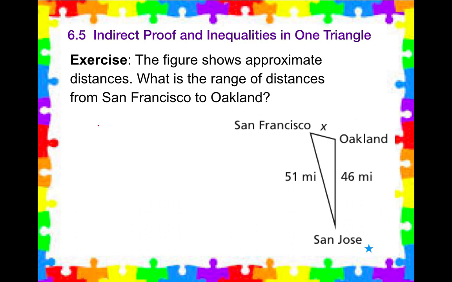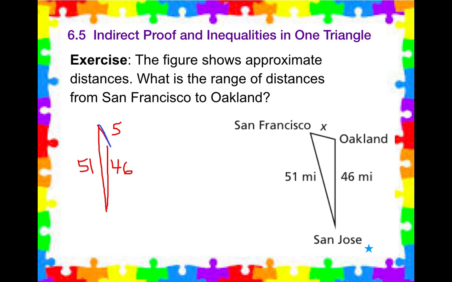Well, if I put 51 miles and 46 miles together, like this, then the last part of this is at least 5 miles. So this last part here is 5 miles.